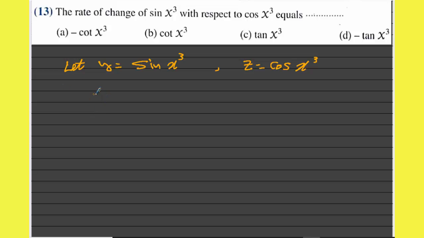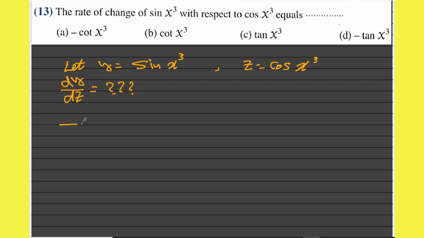So the required here is to find dy/dz. What is the result of this differentiation dy/dz?